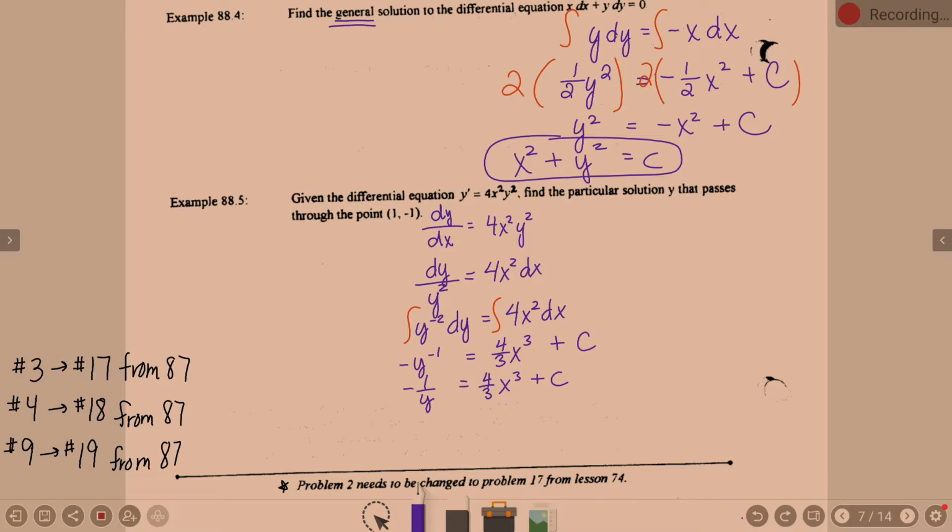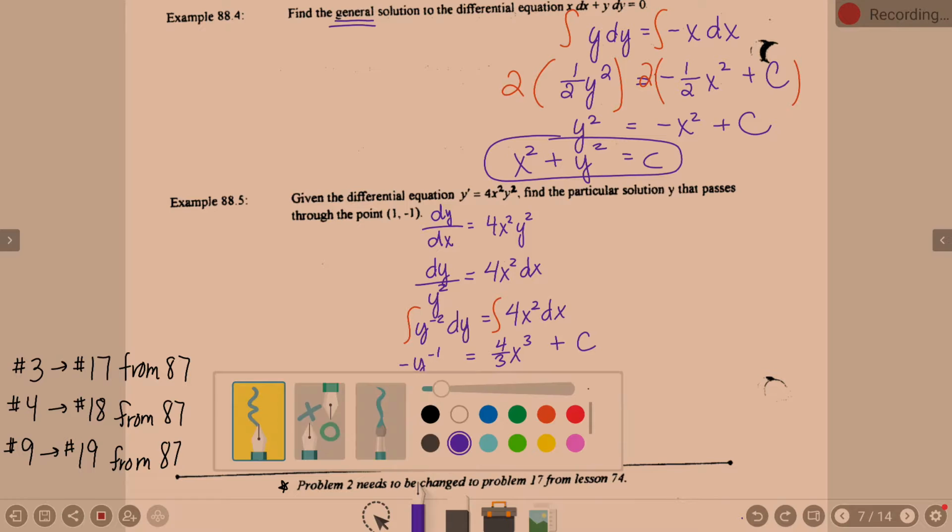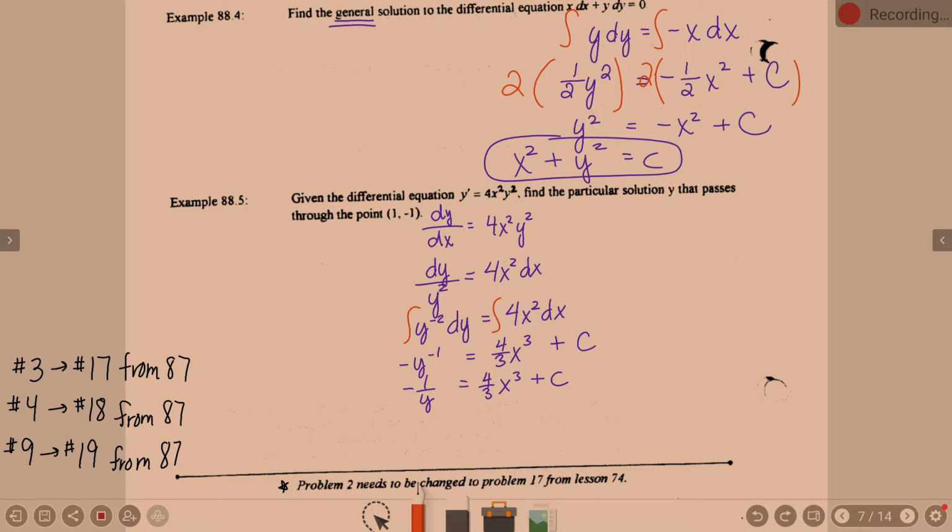So, how do I get y out of the denominator? Okay, if it's divided by y, we can multiply it by y. You know what? If we're getting rid of fractions, what other denominator can I get rid of? 3. So I'm going to say multiply both sides by 3y because those are my denominators I want to get rid of.